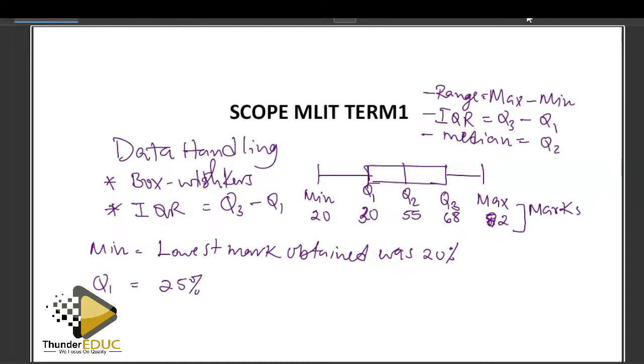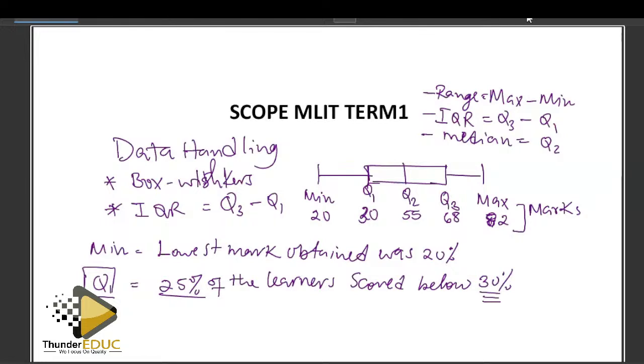Remember Q1 represents 25%. We say 25% of the learners scored below 30%. This 25% comes from the nature of Q1, and the 30% is what we see on the box and whiskers.